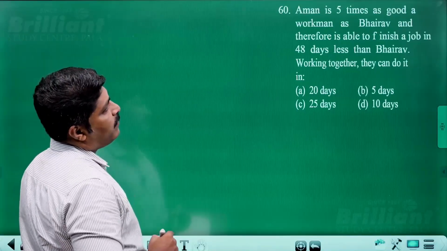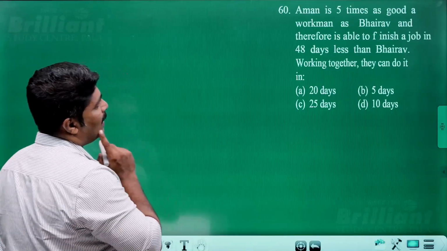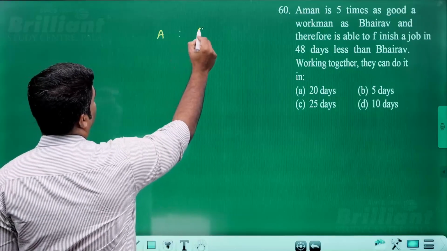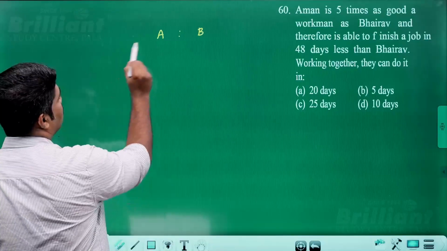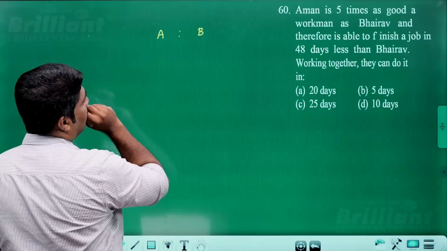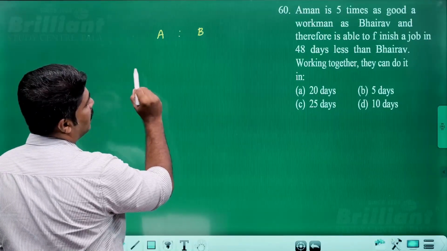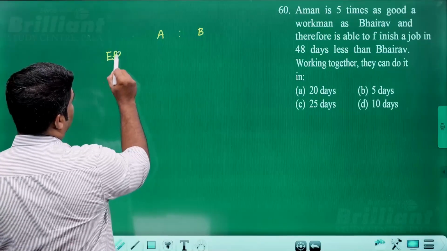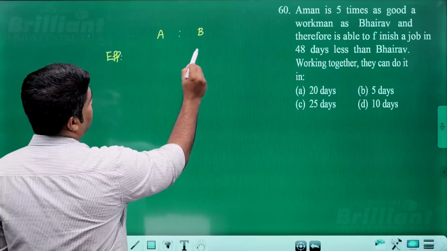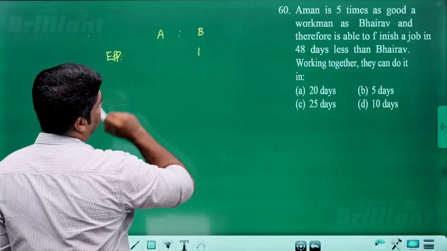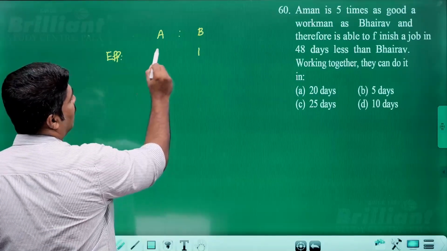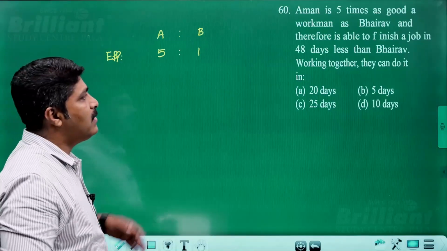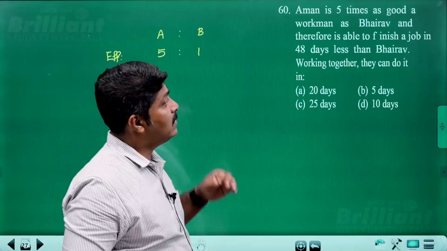So Aman is 5 times as good a workman as Bhairav. So here we have to take Aman and Bhairav. Aman is 5 times as good as Bhairav in the sense of efficiency. If Bhairav is 1 unit efficient, then Aman is 5 units. Therefore, this is the ratio of their efficiencies.